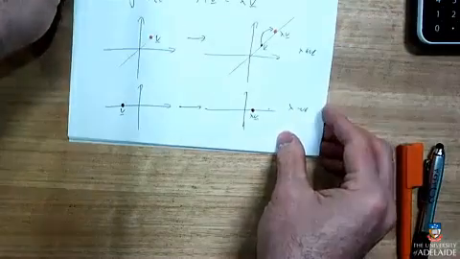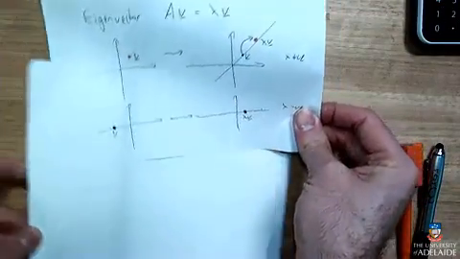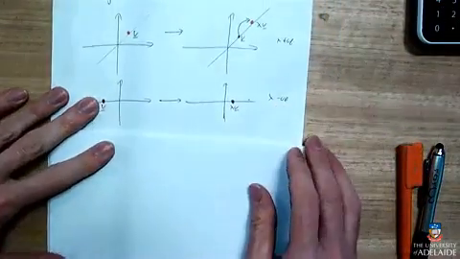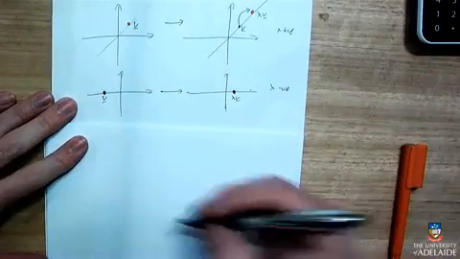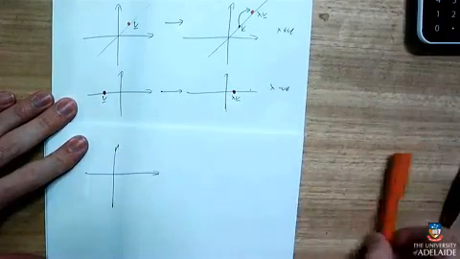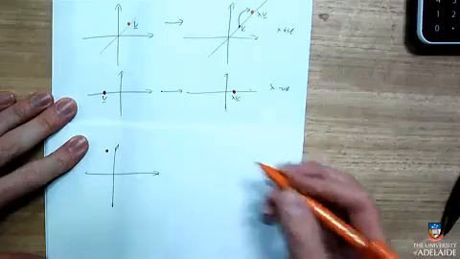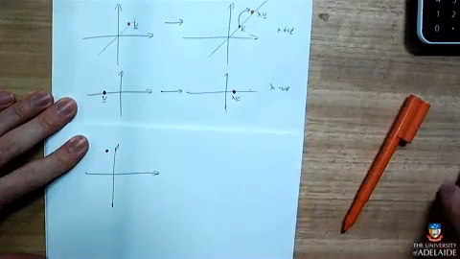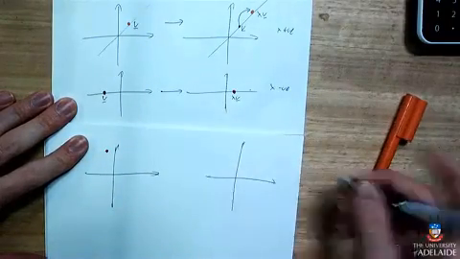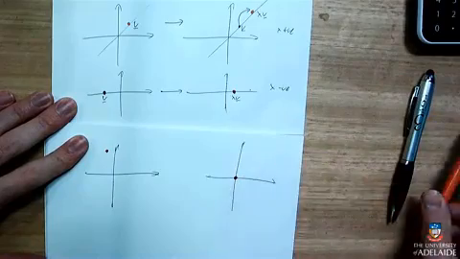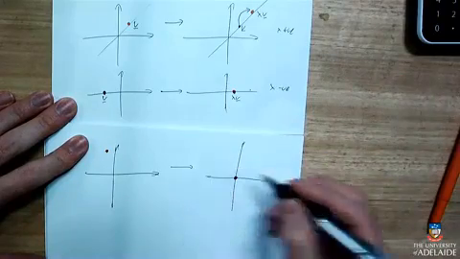And the only other thing that might happen is that your lambda might in fact be 0. So it is technically possible that if you have a vector somewhere, it might end up afterwards like that.